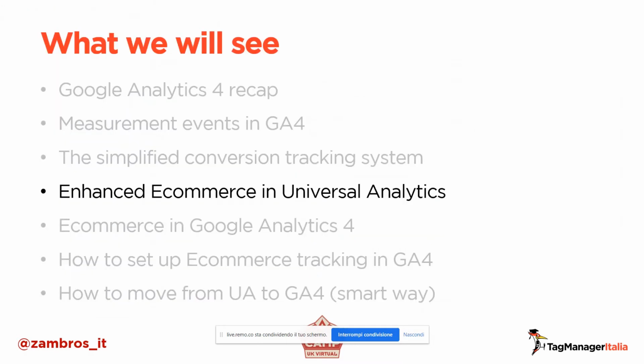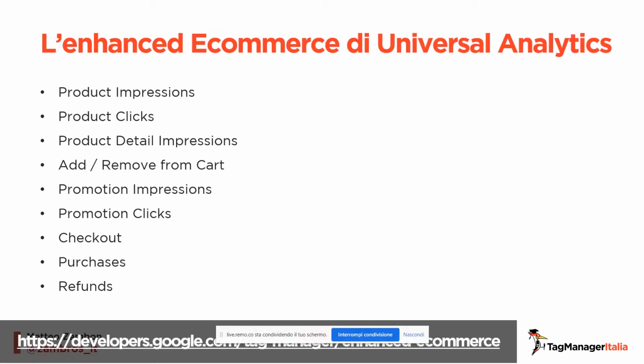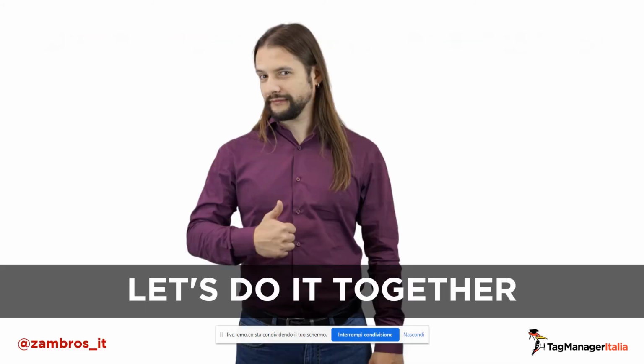Okay, let's go deeper into enhanced e-commerce in Universal Analytics. Probably, as you know, we have a specific structure for all the actions that enhanced e-commerce can collect, like product impressions, product clicks, product details, add and remove from cart, promotion impressions and clicks, checkout, purchase, and refund.